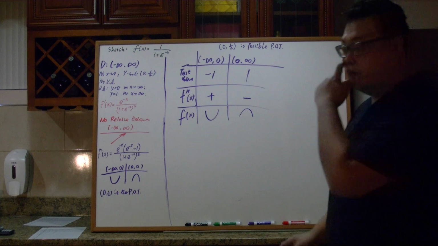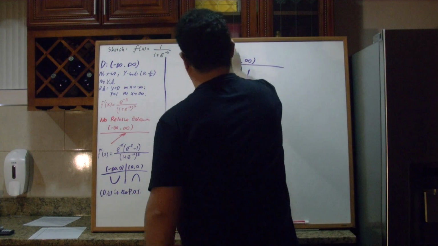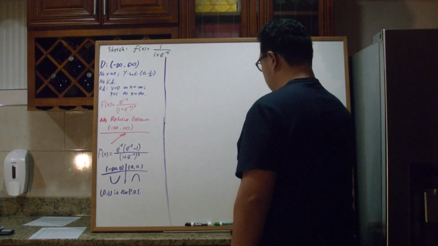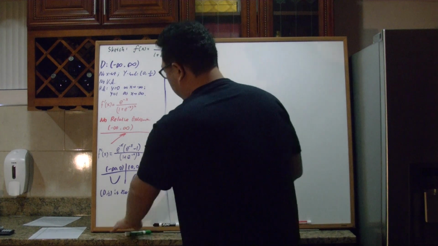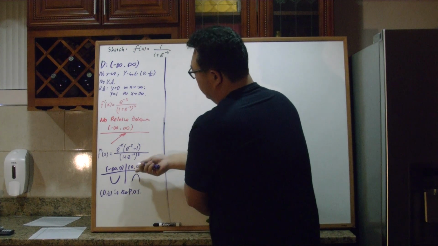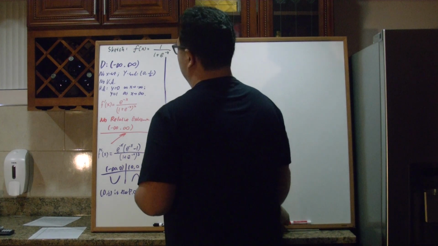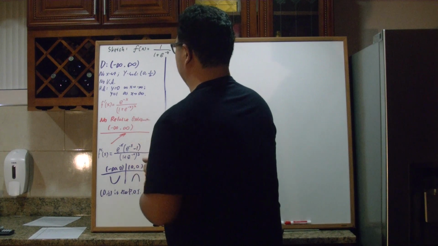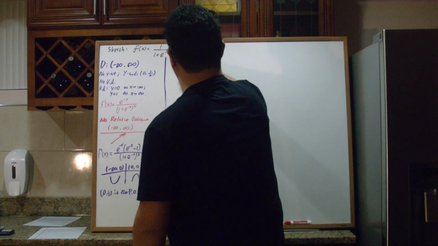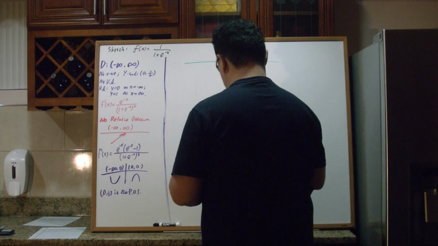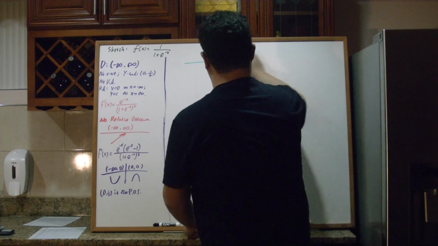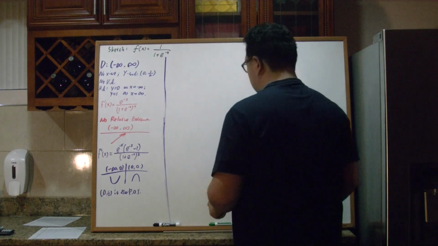So to wrap up, we have only one certain value, which is at 0. Everything else for the increasing and decreasing interval is consistent, or in other words, monotonic.